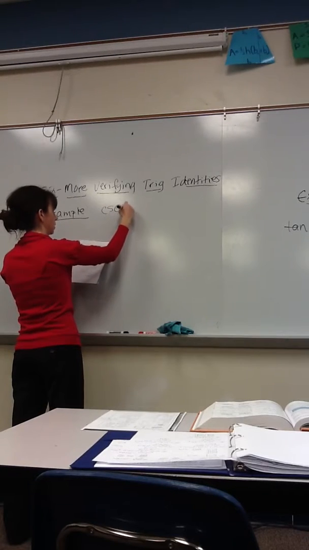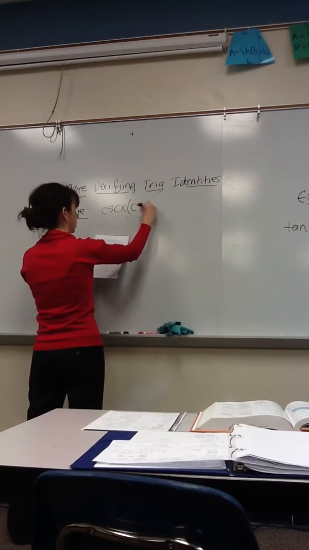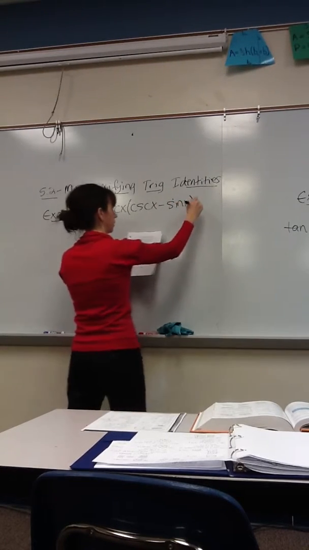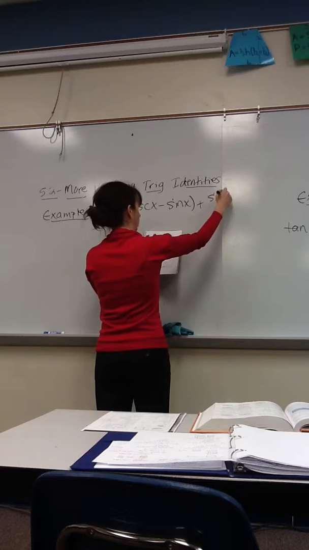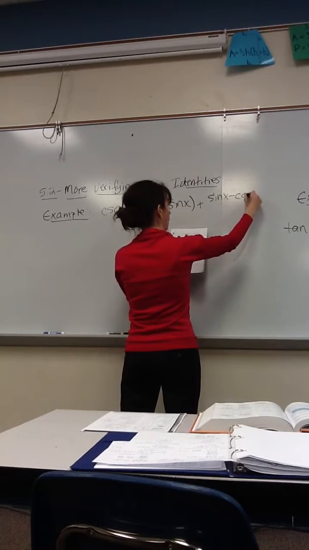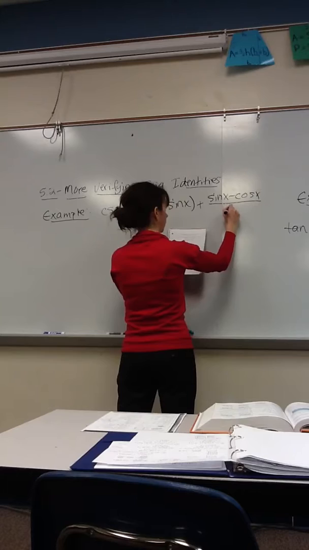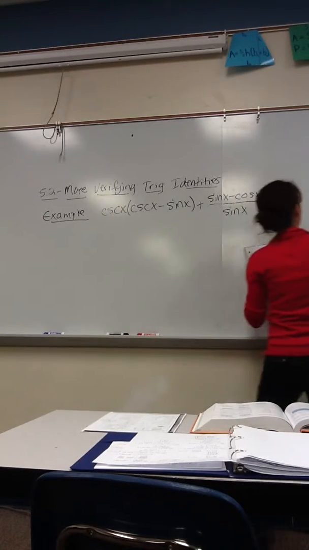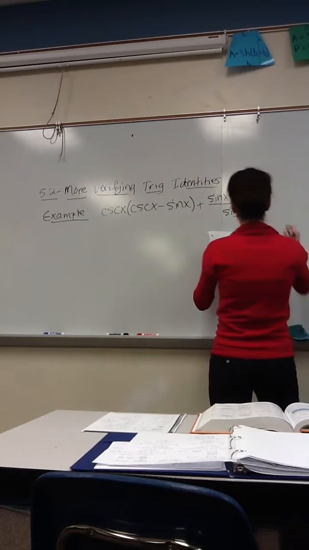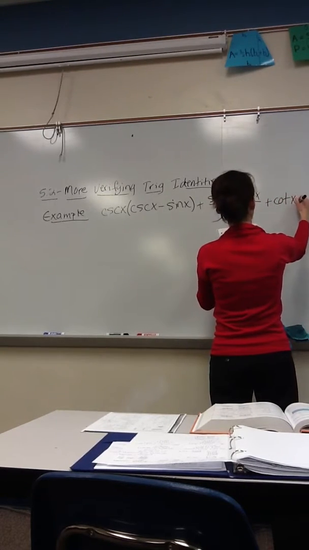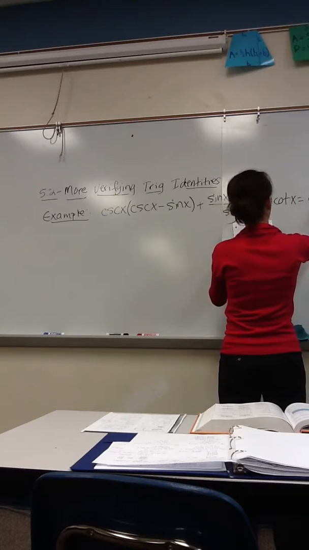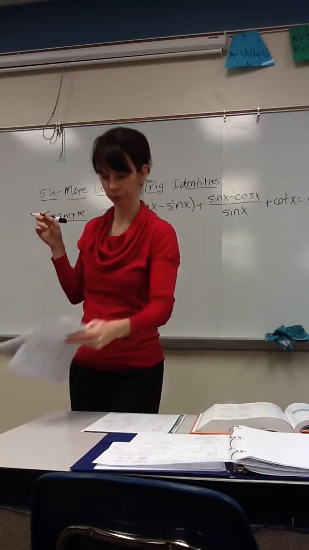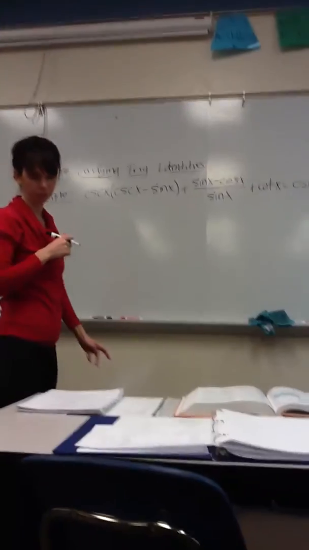Cosecant of x times the cosecant of x minus the sine of x, plus the sine of x minus the cosine of x over the sine of x, plus the cotangent of x, is equal to the cosecant squared of x. Okay. Wow, I am not going to work on this.